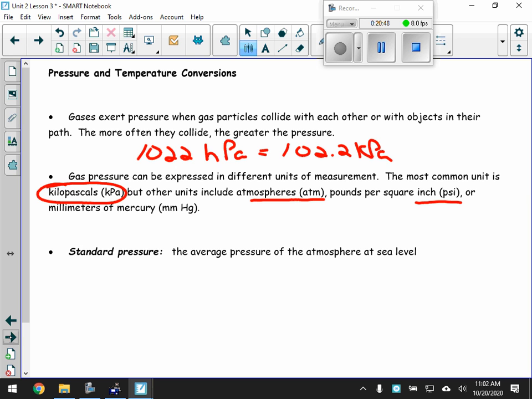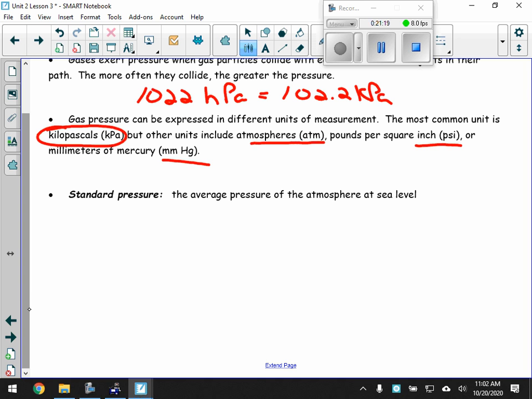And 240 kilopascals is about 35 PSI, okay? And we're going to learn how to do that conversion today. How you get from kilopascals to PSI and PSI to millimeters of mercury, which is really old school. We don't really use that anymore, but that's an option, okay? So those are the four main ones we're going to talk about. There's a couple other on your periodic table, but I wouldn't worry too much about those. I think there's 6 altogether, okay?